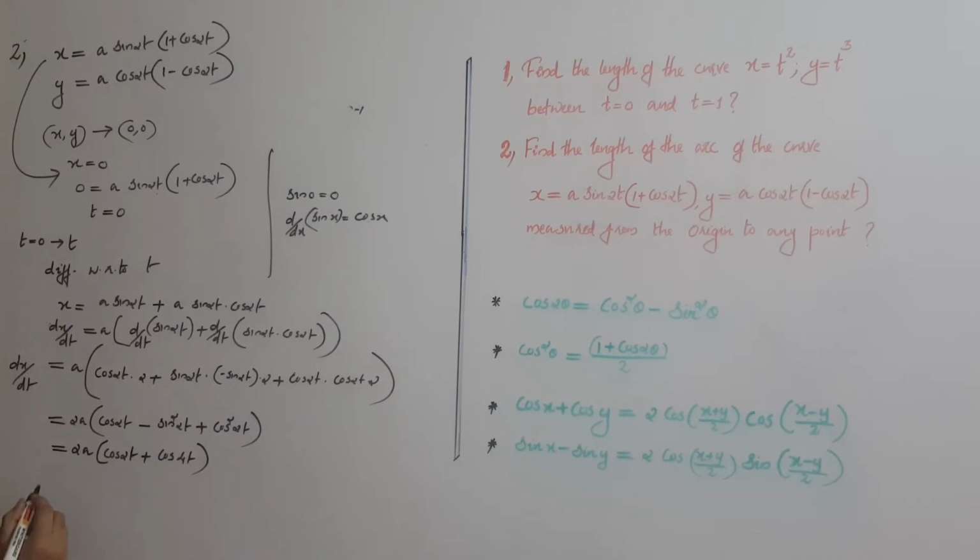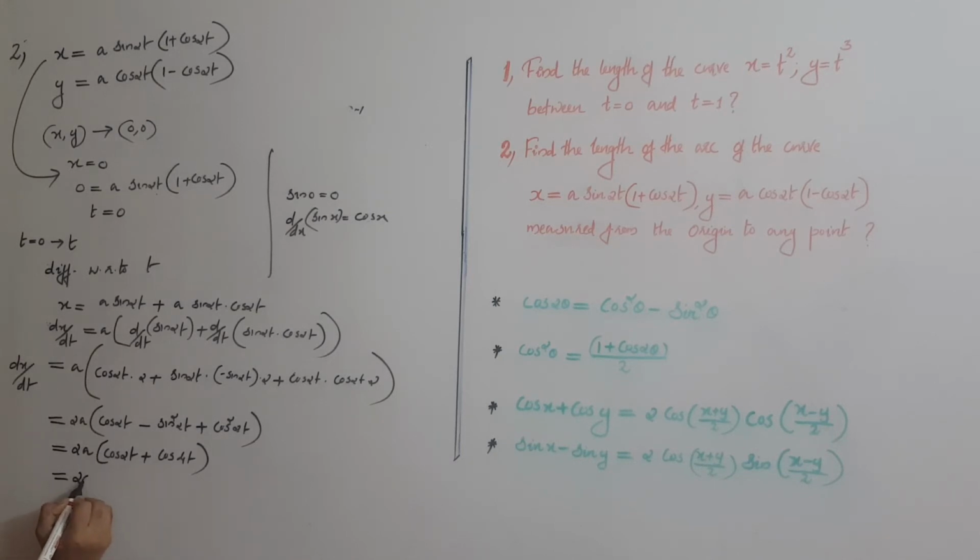Now this is of the form cos A plus cos B. So we can apply another trigonometric relation, that is cos x plus cos y is equal to 2 into cos (x plus y) by 2 into cos (x minus y) by 2.